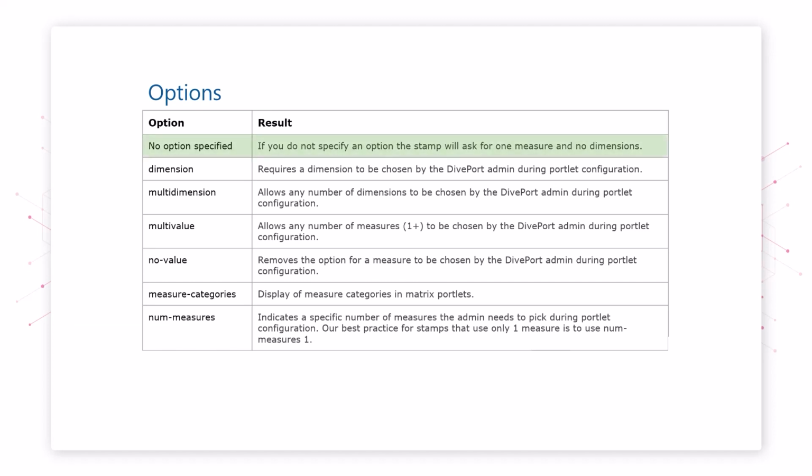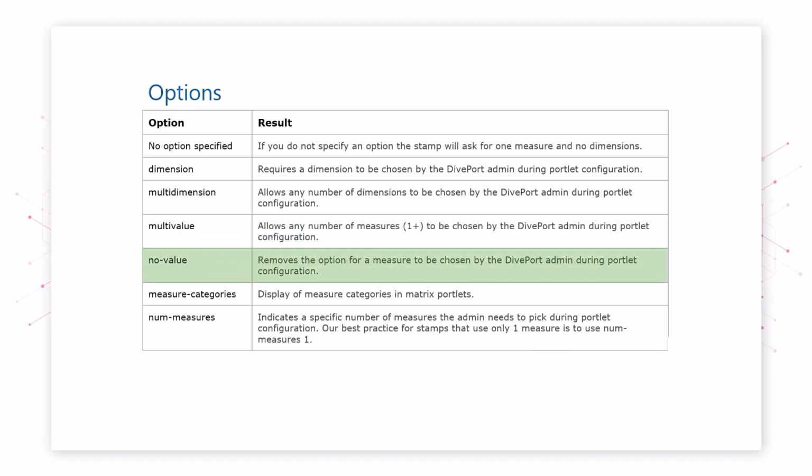If no option is specified, the Edit Stamp Portlet dialog box will simply ask you for one measure and no dimensions. If you specify dimension, the Edit Stamp Portlet dialog box will ask you to select a dimension. Multi-dimension will prompt you to select multiple dimensions, and multi-value will prompt you to select multiple measures.